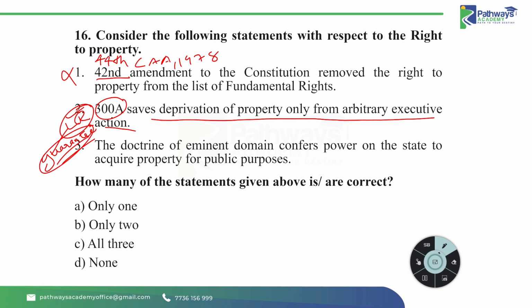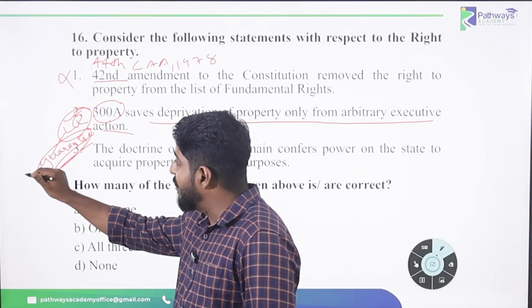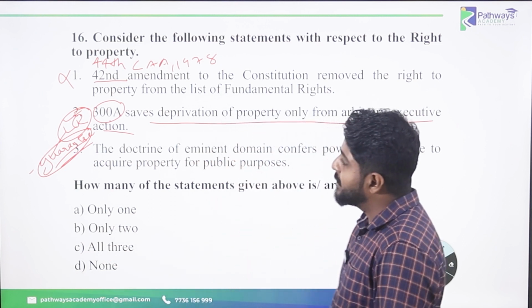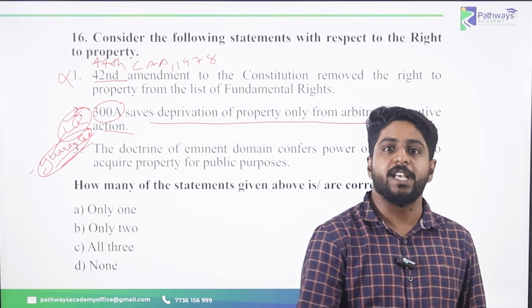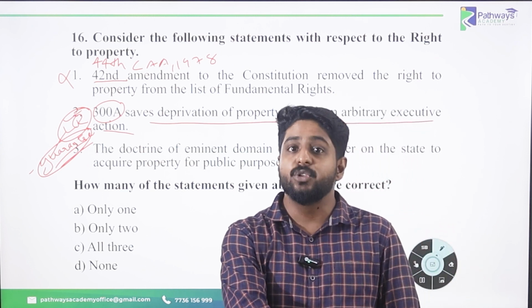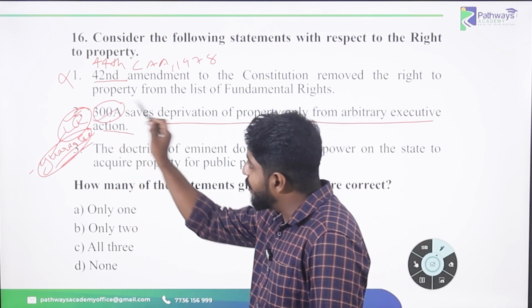If it were a fundamental right, there would have been guaranteed compensation. That was actually the reason for the controversy. Now, here you do not have a guarantee, which means a law can be framed by the legislature to acquire your property. So you do not have guaranteed compensation. So this statement is right.